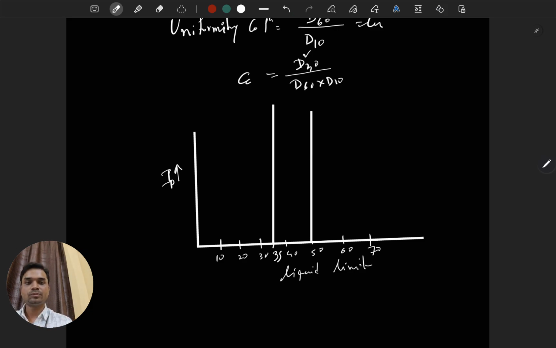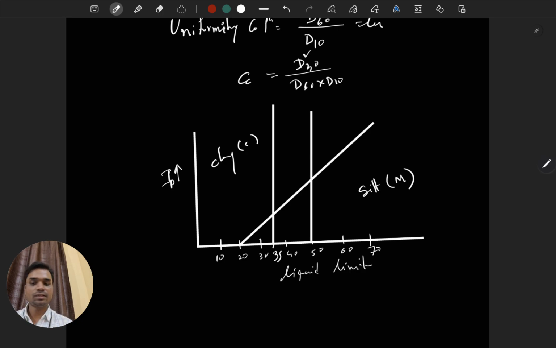Now draw another line from 20. Anything above the 20 line will be clay. Anything below that line will be silt. Silt is represented by M, clay represented by C. Clear? Any doubt?